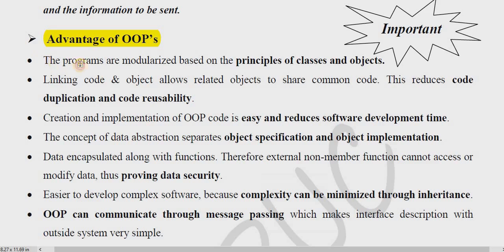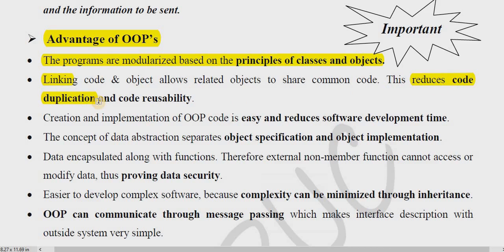First, the programs are modularized based on the principle of classes and objects. Programs are constructed or designed using classes and objects. Second advantage, in object oriented programming we can reduce or avoid code duplication.